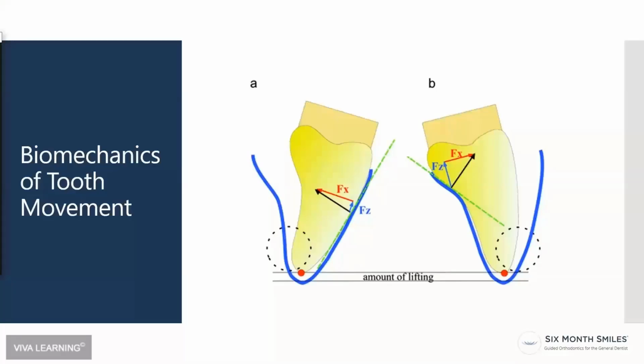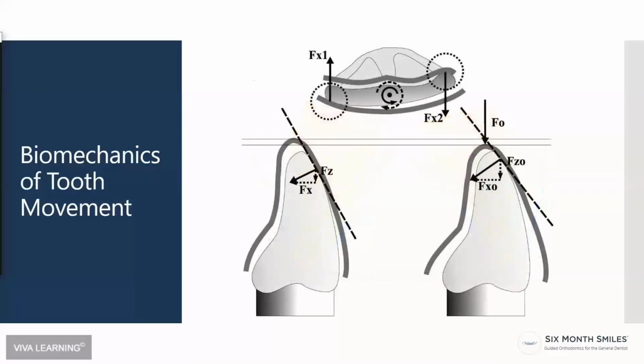So whenever we work with this, we need to understand that the forces, occlusal forces, or anything that we place with the aligners will help us direct these forces correctly. And it's important to know that the features implemented into the aligners will help direct, in a predictable manner, these aligner positions and these aligner forces.